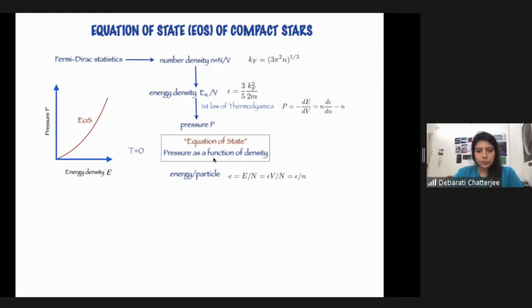Now let's look at a specific example. The other thing you can calculate is the energy per particle, and this is again related to the energy density and the number density. So all these things are known once you know the equation of state.